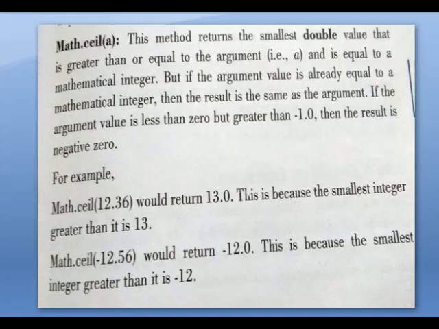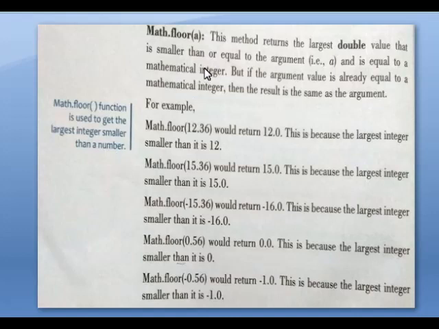Now the next one is Math.floor. The Math.floor function is used to get the largest integer smaller than a number. It is just the opposite of ceil. In ceil, if it is a positive value, it will increment the value by 1, and if it is a negative value, it will remain as it is.